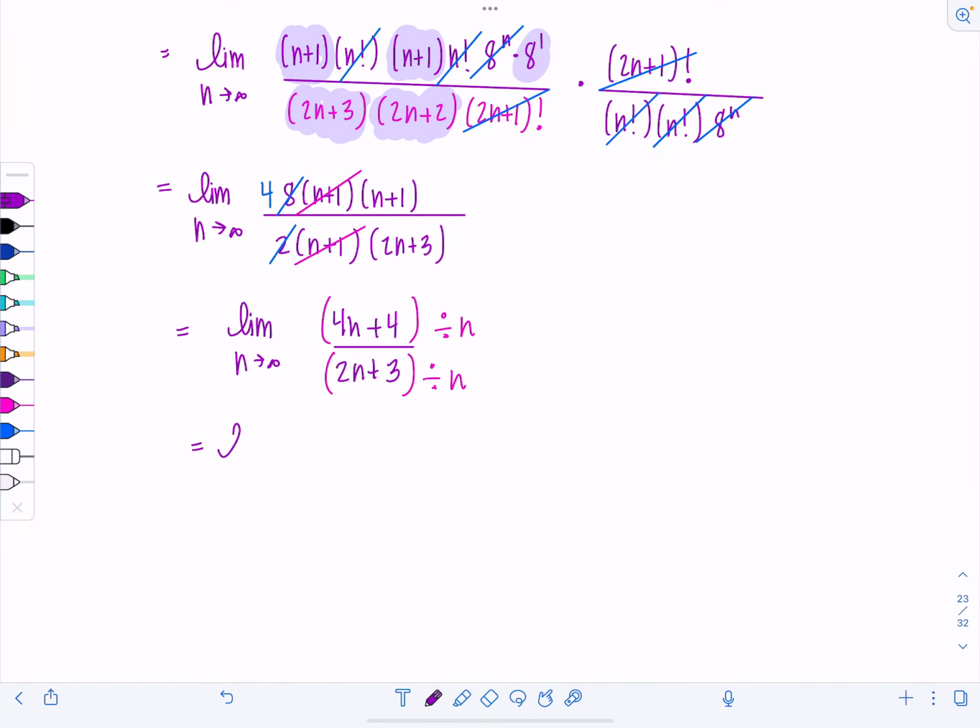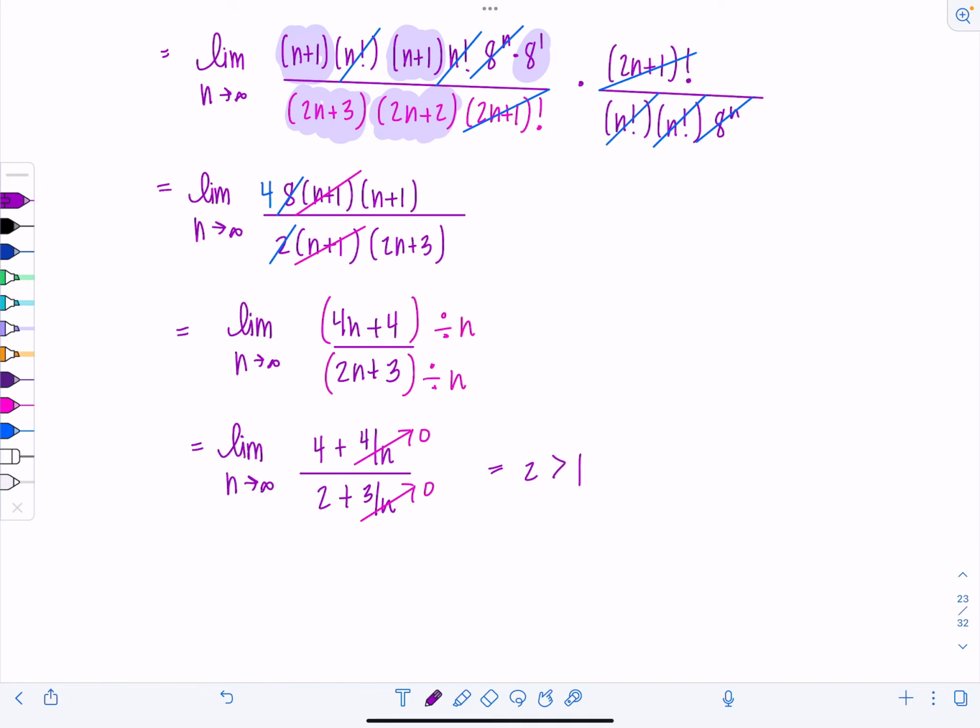So now we have the limit as n goes to infinity. In the top, that's just going to be 4 plus 4 over n, and in the bottom, 2 plus 3 over n. These both go to 0, and we're just left with 4 over 2, which is 2. And what do I care about that number?